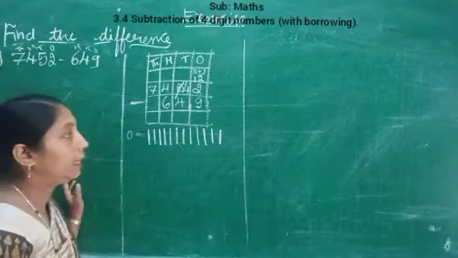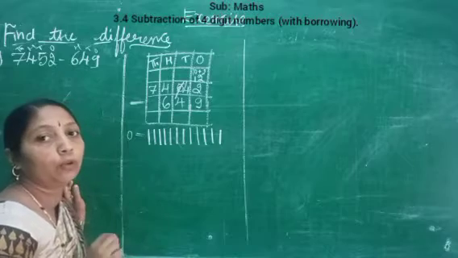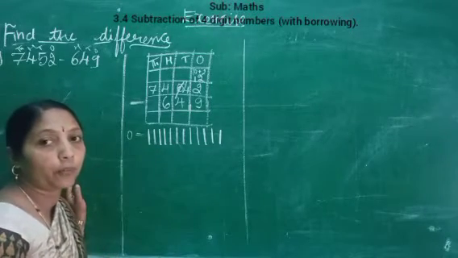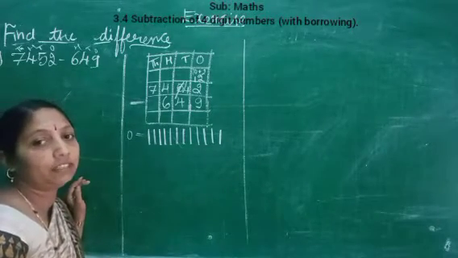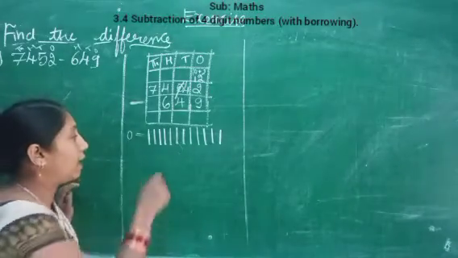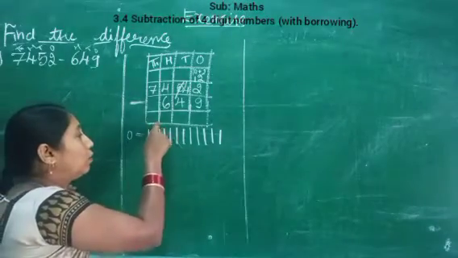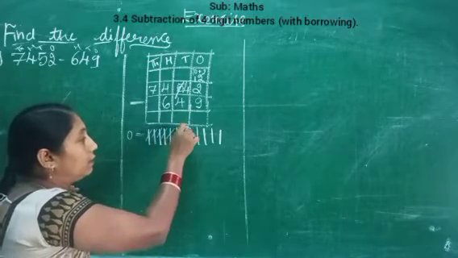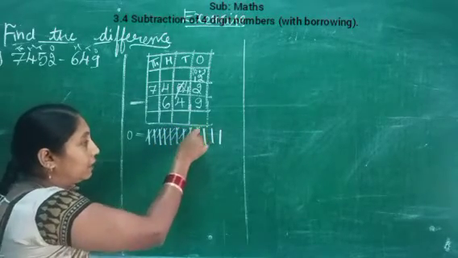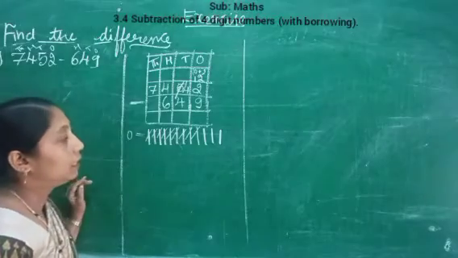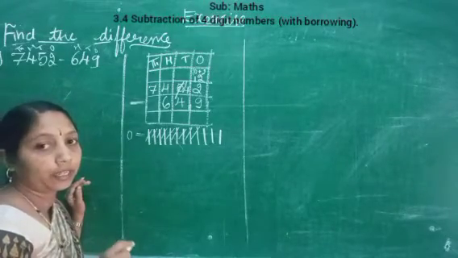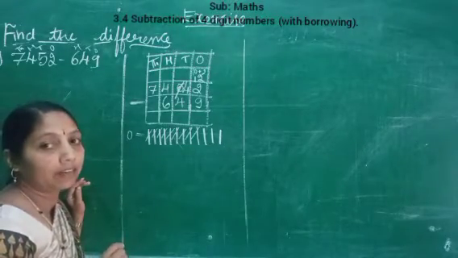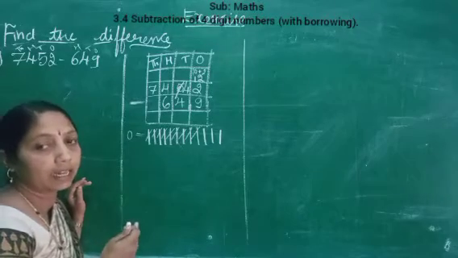Next we remove 9 lines, because the number below 12 is 9. We remove the 9 lines: 1, 2, 3, 4, 5, 6, 7, 8, 9. Dear children, observe carefully how many lines I removed: 9 lines.